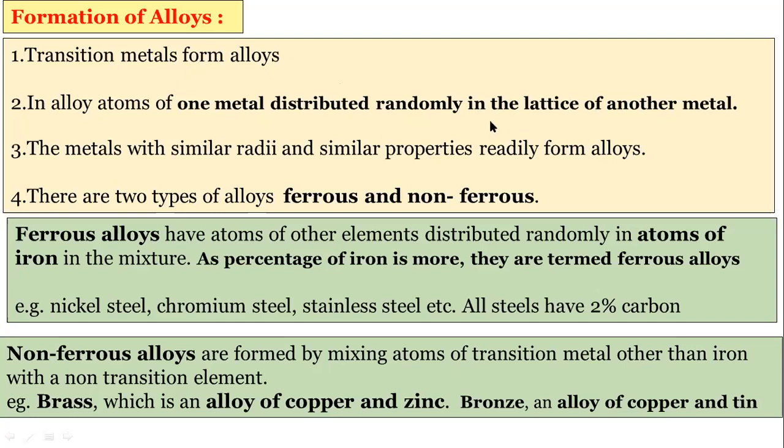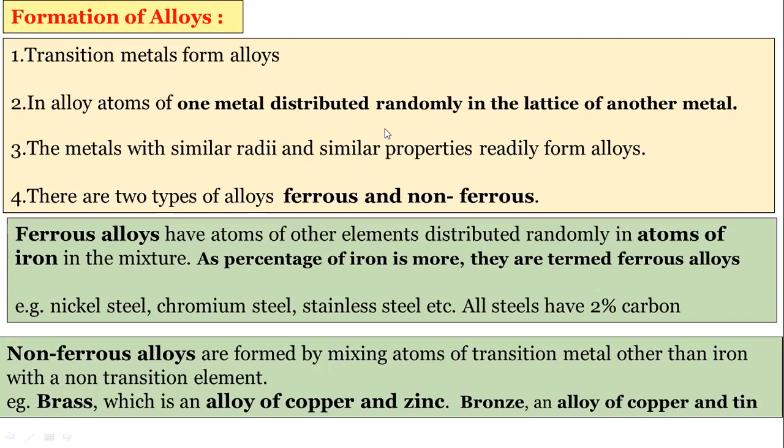It is a combination of two or more than two metals. The alloys are formed when the metals have similar radii, means the atomic radii or the ionic radii are the same, and then this alloy is possible.